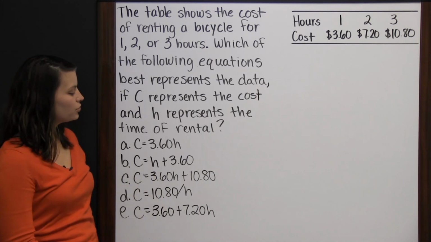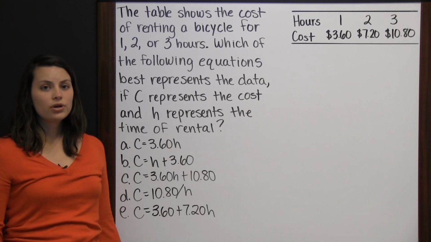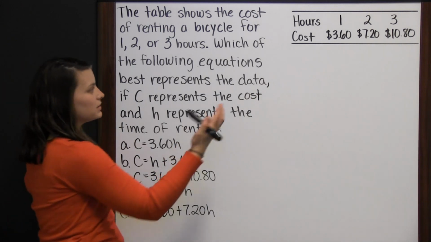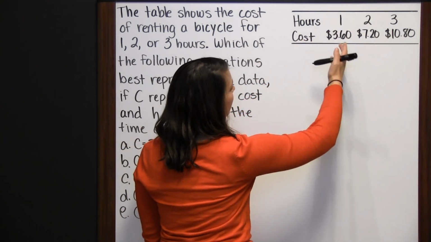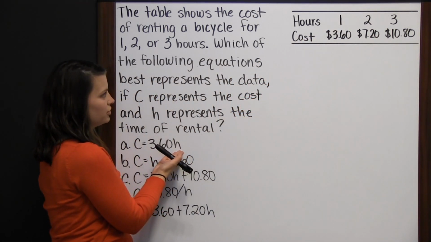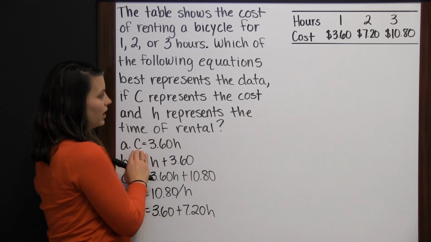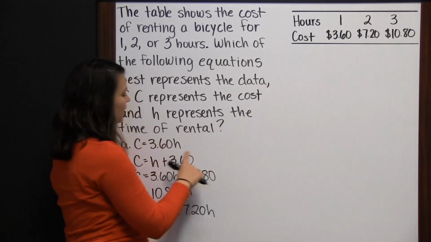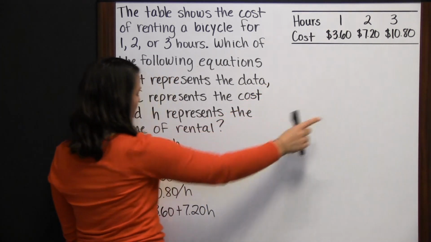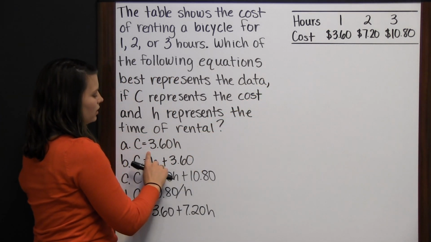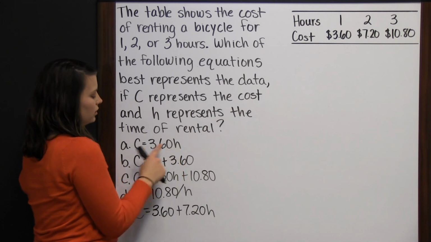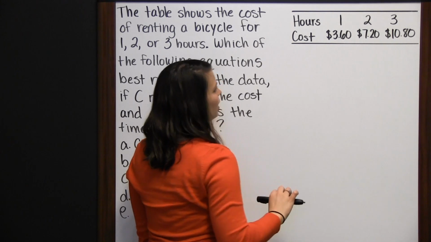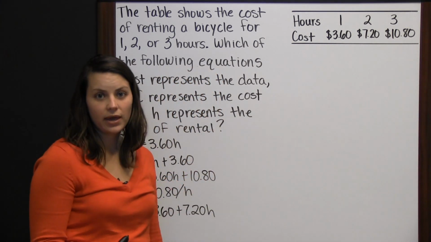Since this is a multiple choice question, you could always substitute these values for hours into your equation and see if you get the cost. For instance, you could replace H with 1, and you have $3.60 times 1, which is $3.60, which is the cost for 1 hour. And then do the same with 2 and with 3.